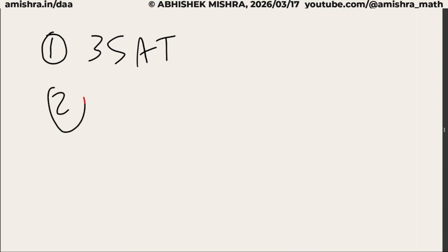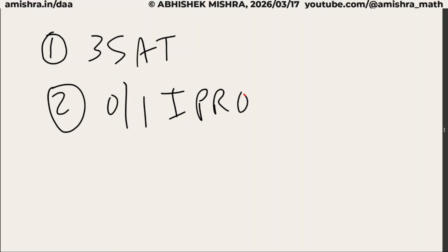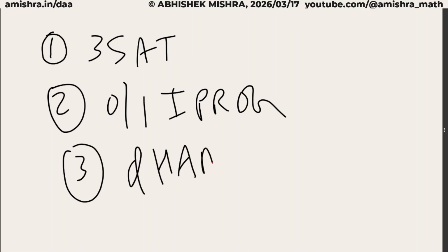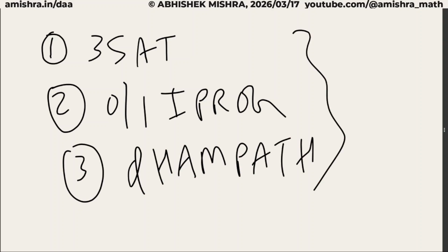The 3 languages that today we'll prove to be NP-complete are: first, 3-SAT; second, 0-1 integer programming; and third, directed Hamiltonian paths. So all 3 languages we will prove to be NP-complete.